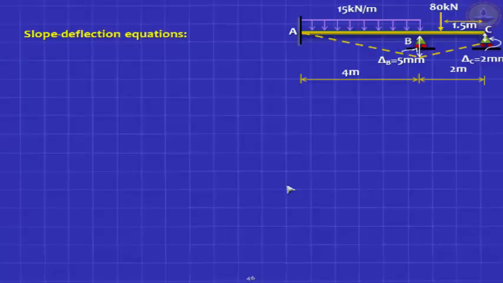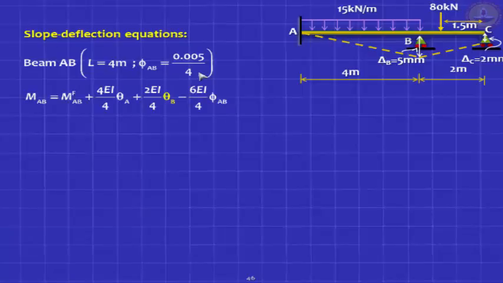Before that, let's write down the chord rotations clearly. Chord rotation for AB is clockwise, and you have to put the correct units. It's 5 mm and the span is 4 meters. So you should write this mm in meters as 0.005 meters divided by 4. Okay, that's the correct way to do it.